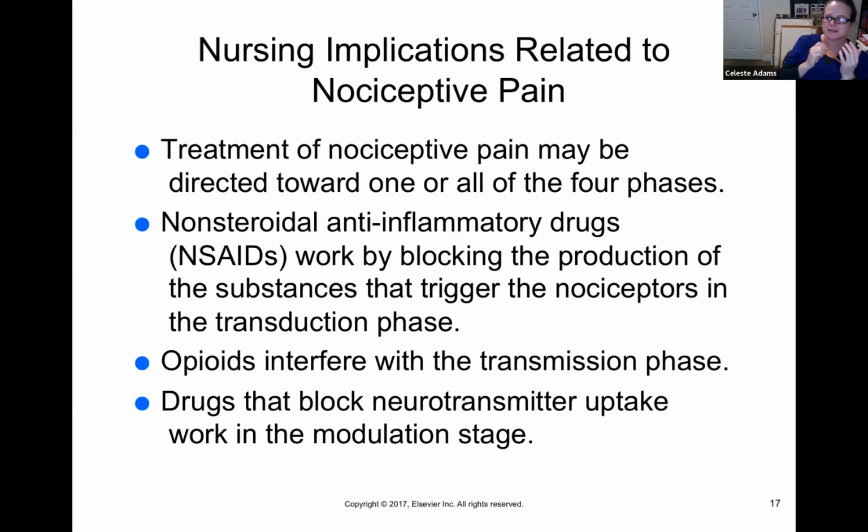Motrin is a big NSAID, Tylenol is a big one too. Those work by blocking the production of the substances that trigger the pain receptors, so that's going to happen in phase one.